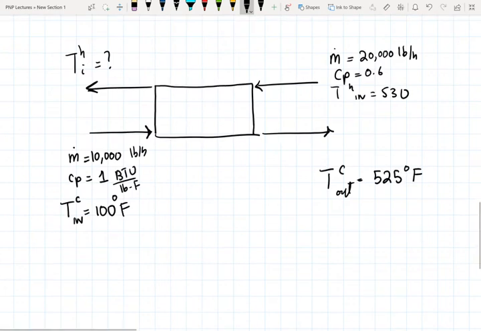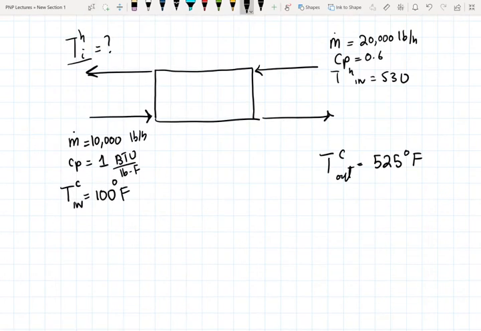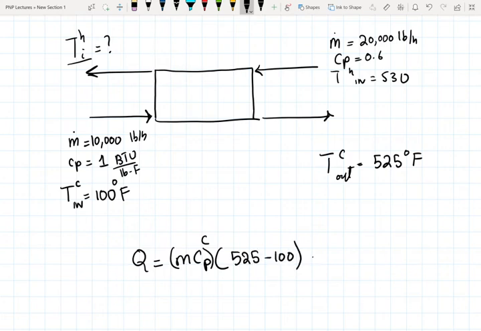Okay, so in order to find this intermediate temperature, you can perform an energy balance. Q equals MCP for the cold side equals MCP for the hot side.